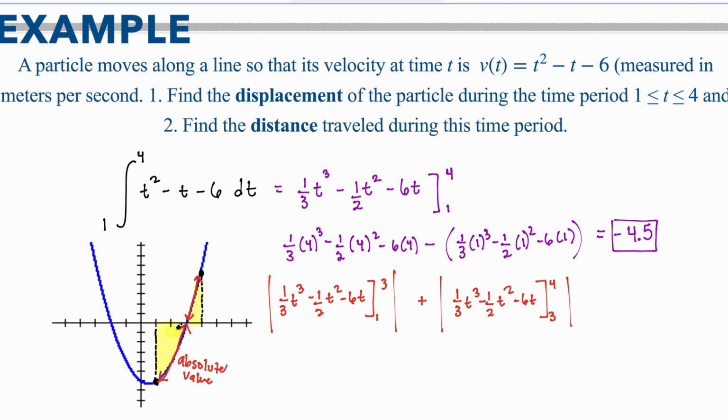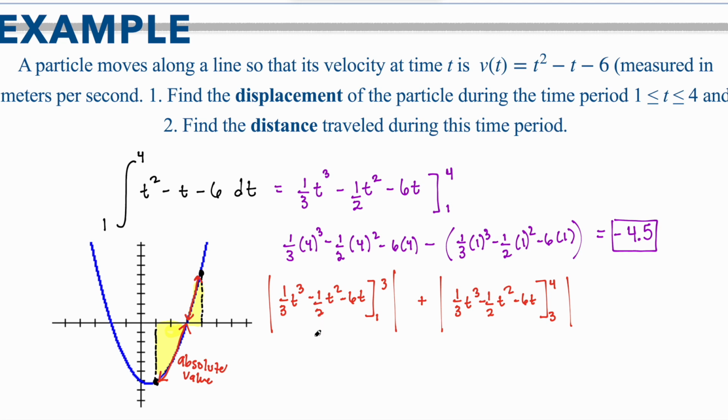And here's why. The actual distance from 1 to 3 is going to be negative. That's why I need the absolute value of that, because even though it's going to be a negative number, I still traveled that distance. And I'm going to add that to the distance from 3 to 4. Once I get those and add them together, then I will have a final answer.